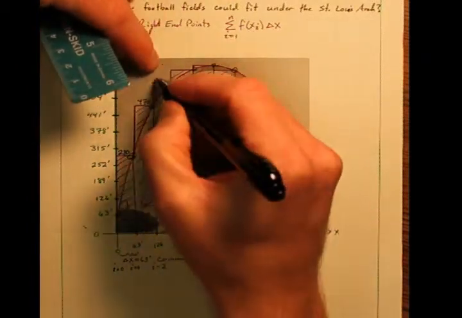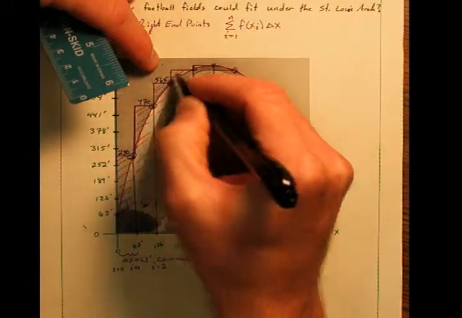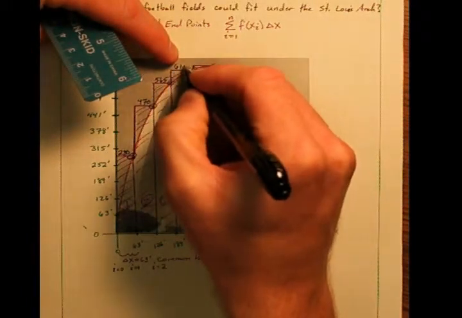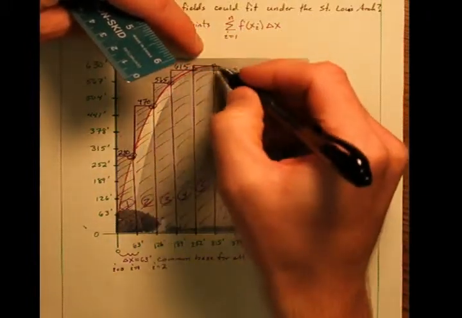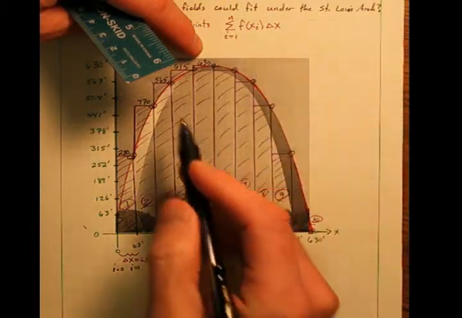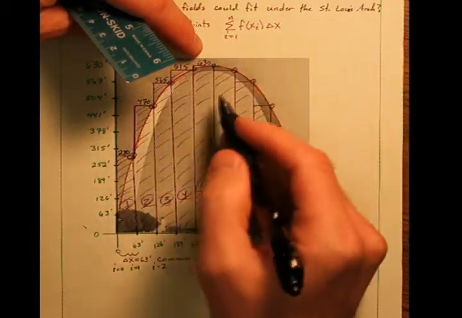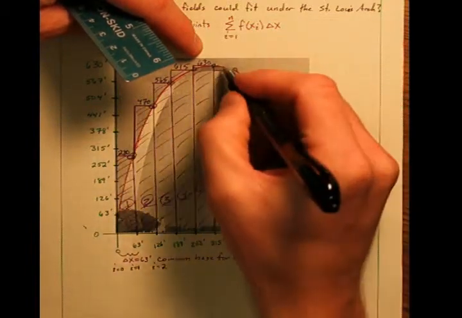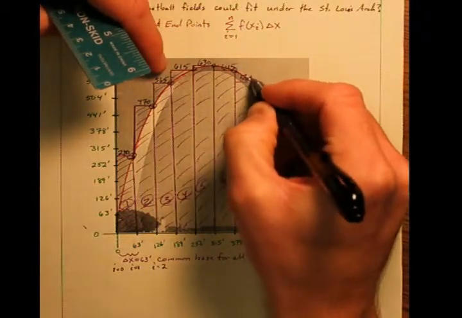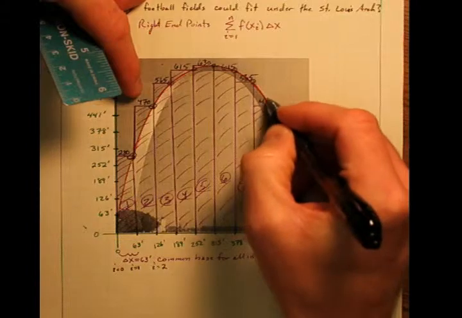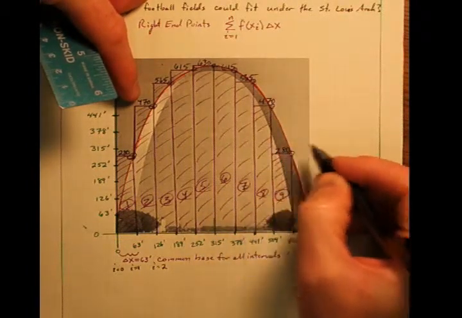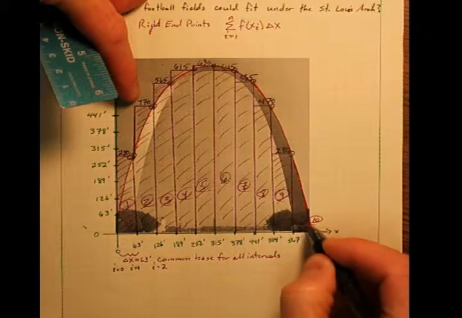This next one we'll call 565. The next one is 615. Then this reaches the highest point, 630. Because it's symmetric, the heights on this other side should be the same. So here I should get 615, 565, 470, 280, and a 0.